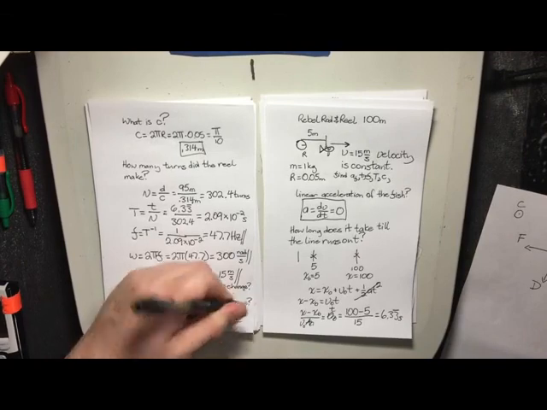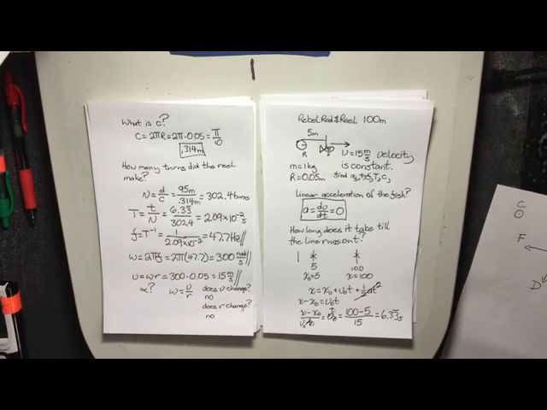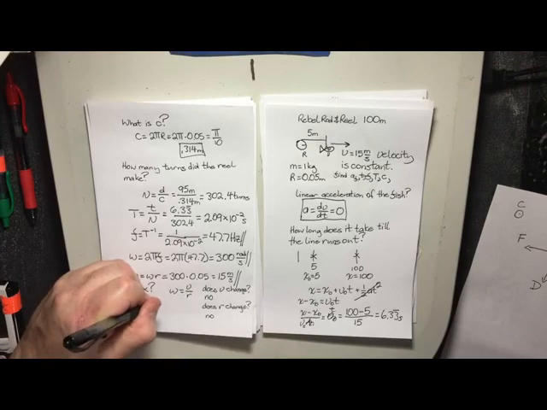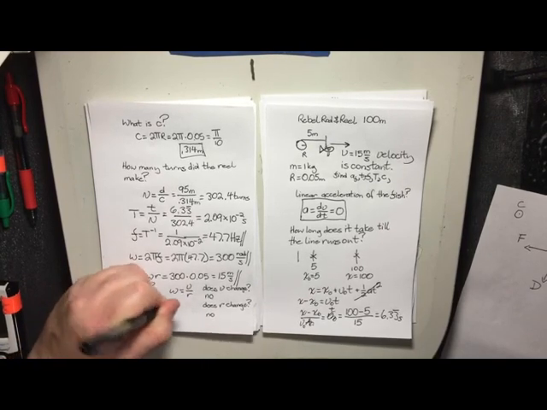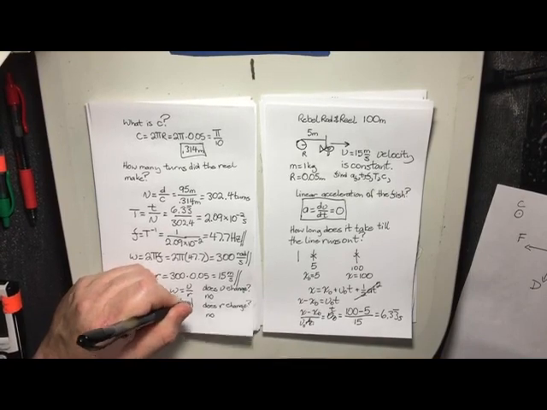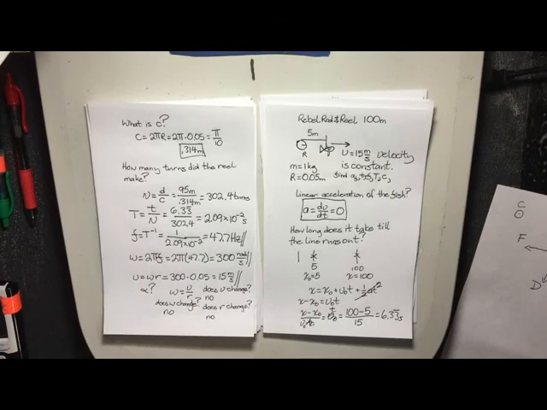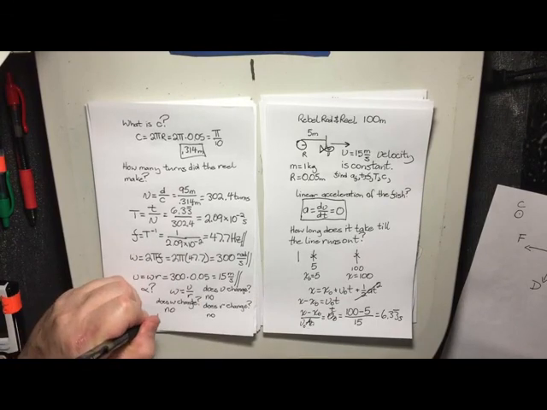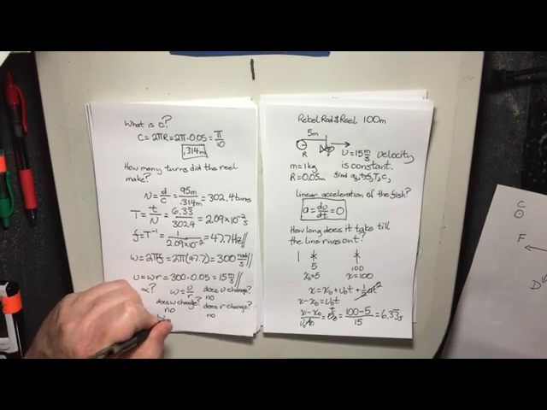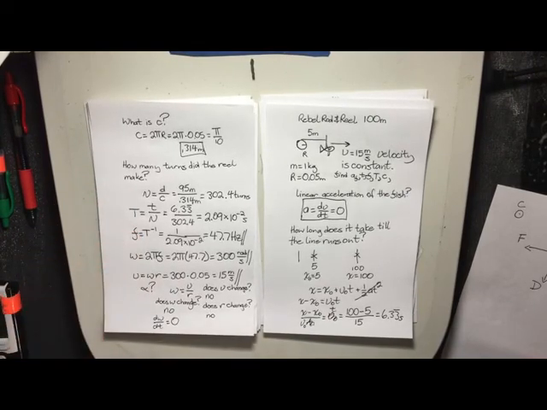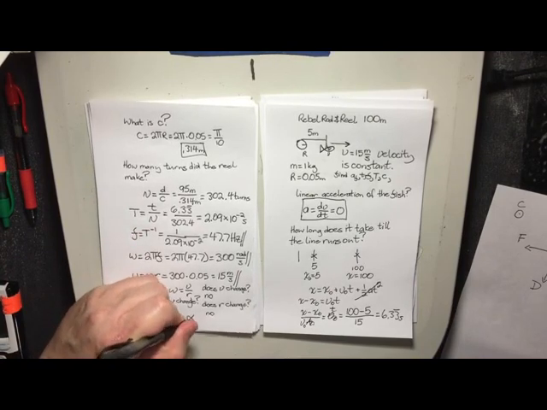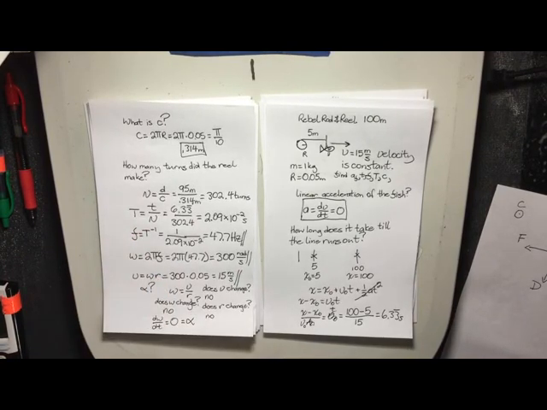No. So if V doesn't change and R doesn't change, what can we say about omega? It's constant. Omega is constant. So d omega dt is equal to 0. And what's d omega dt? Alpha. So if this wheel is just moving at a constant angular velocity, the angular acceleration is 0.